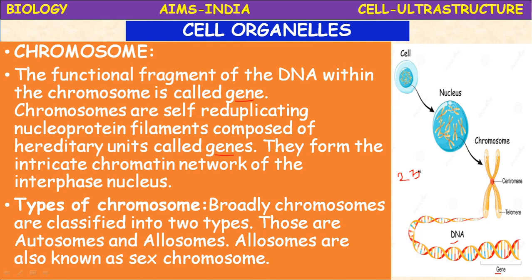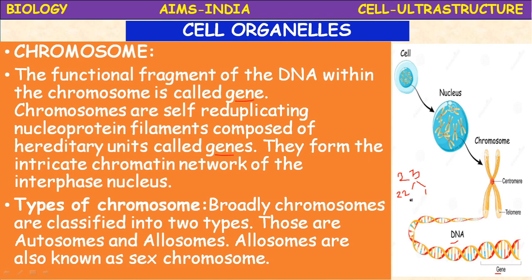Out of these 23 pairs, they are divided into 22 pairs and 1 pair. 1 pair means double. So 44 plus 2.